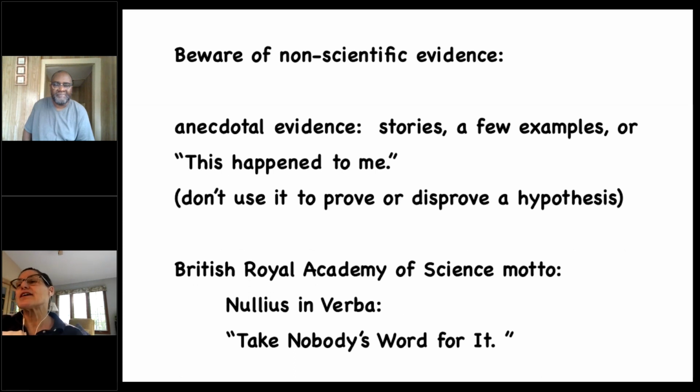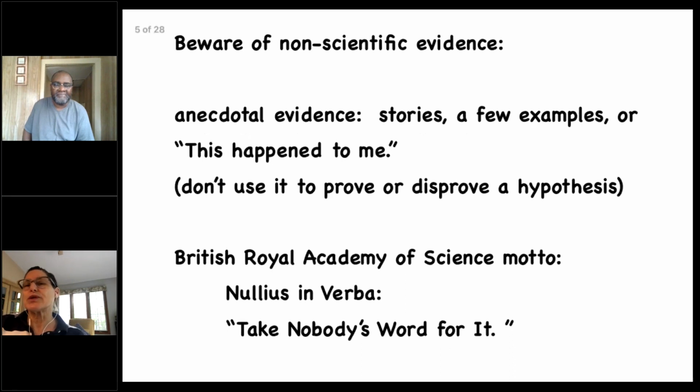You may have heard of anecdotal evidence, when people tell you stories or a few examples, or say this happened to me. You can't use that to prove or disprove a hypothesis. And I found this Latin phrase that I really like that they use in the British Royal Academy of Science. It's nullius in verba, and it means take nobody's word for it. You've got to prove it with hard evidence.